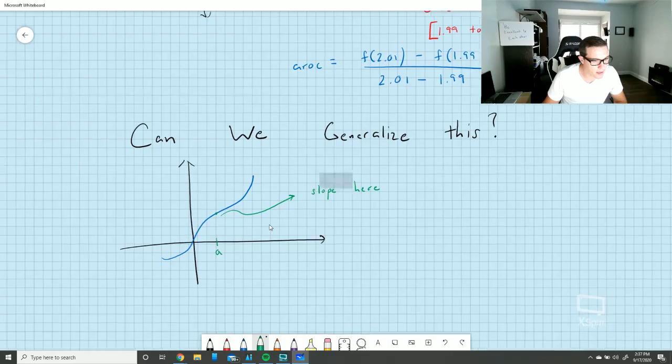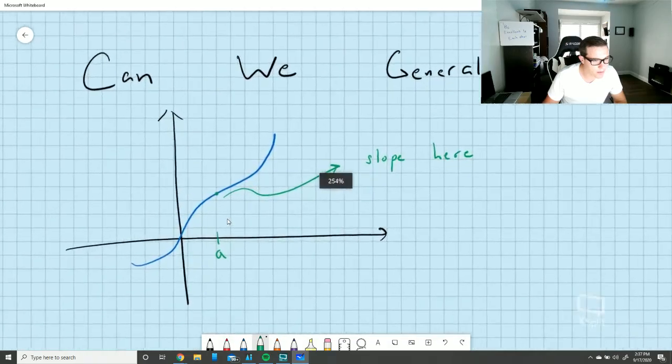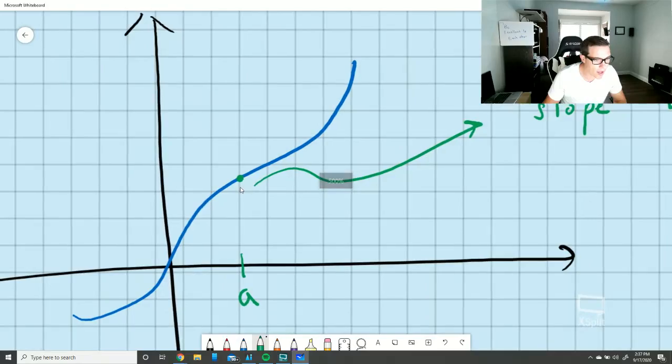I can instead think of it this way. Zoom way in on this. I can't zoom in anymore. I'm going to pick another point right next to it and call it x. So this value right here is your f of a value. There's your a, and there's your f of a. That's where I want to find the rate of change or the slope at that point.